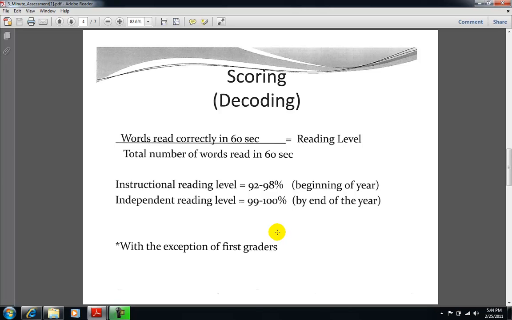But anything that's 99 to 100% is independent reading level. That's usually achieved towards the end of the year. And as the text says, with the exception of first grade, which doesn't really apply to any of us.